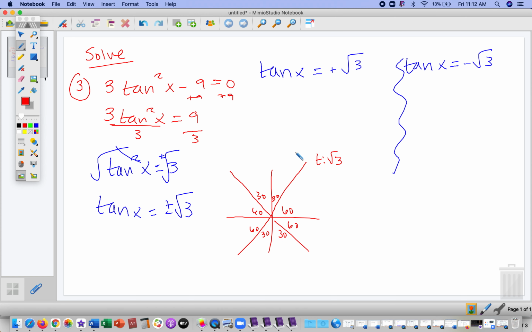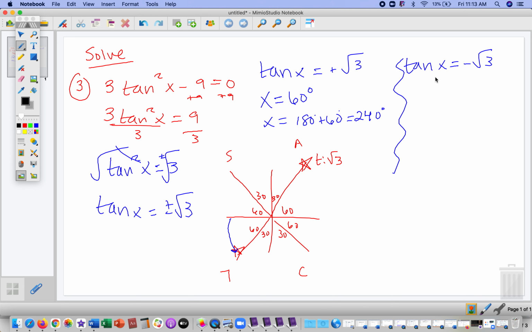So I have a tan value of positive root 3 here, first quadrant, and in the third quadrant. So we're going to say we have a tan value of positive root 3 when x is 60 degrees, and when x is 180 plus 60, so 180 plus 60, which is 240 degrees.